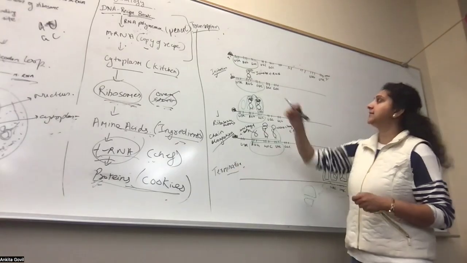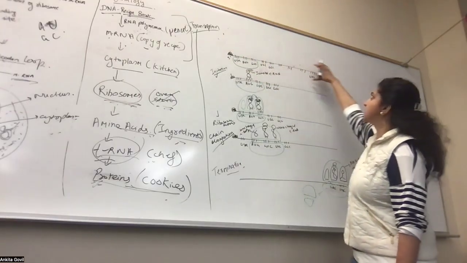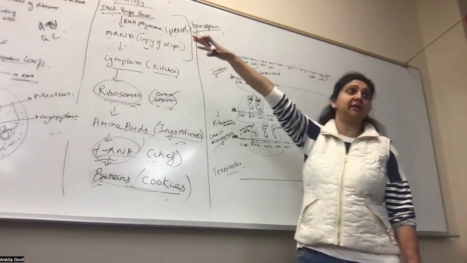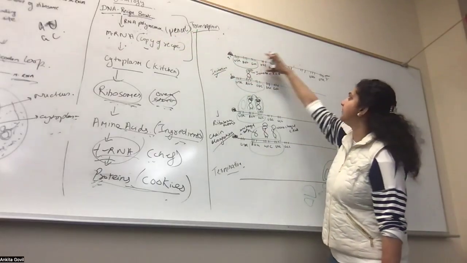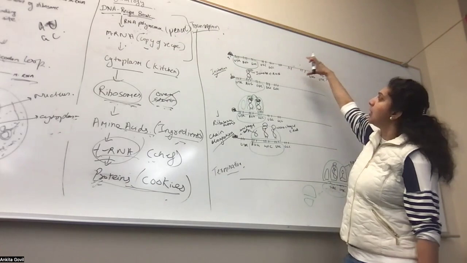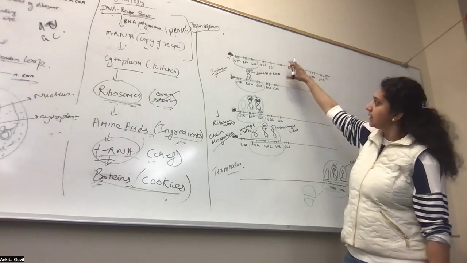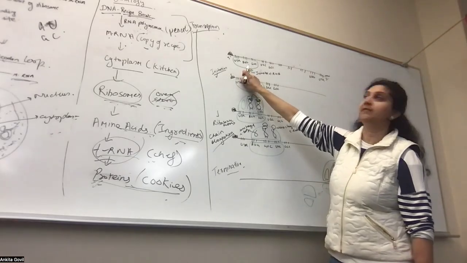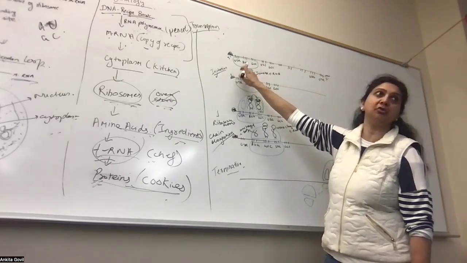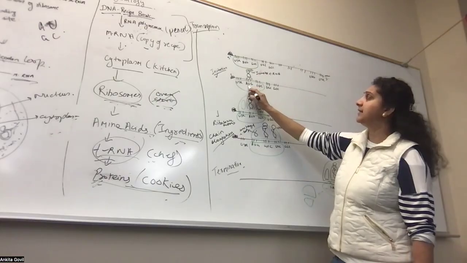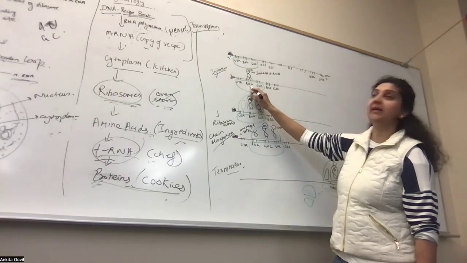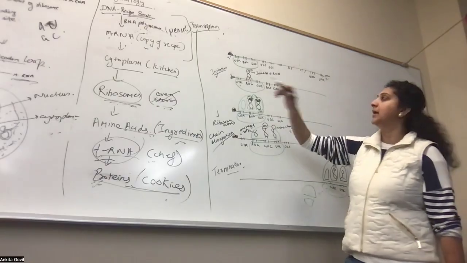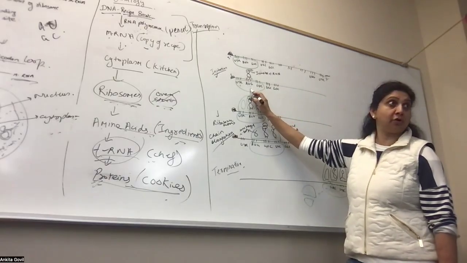So let's take this as the mRNA transcript that we have here. First of all, the smaller subunit of ribosomes will come and bind to this transcript. And then you have the start codon over here. You see this is the UTR, the untranslated region. Then we have AUG, which is the start codon.